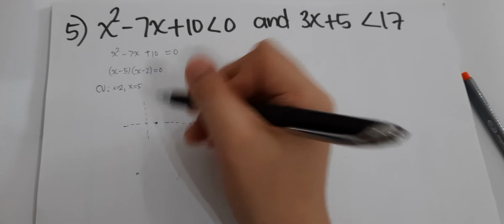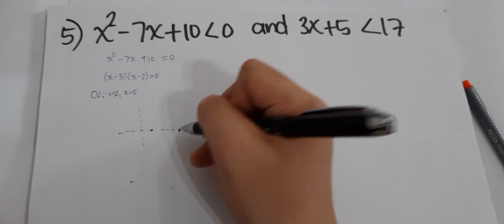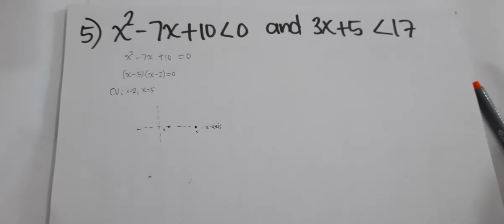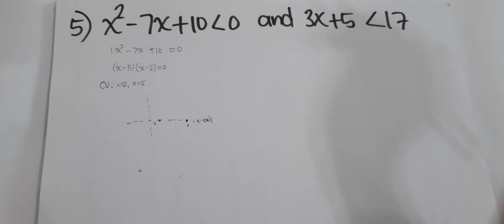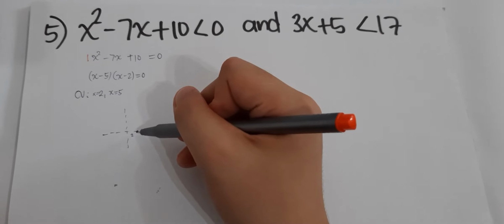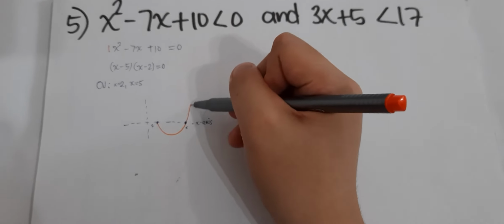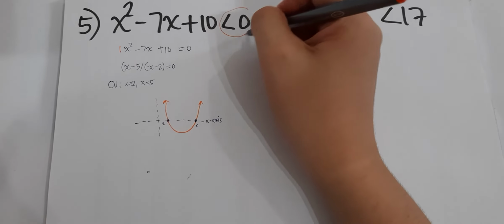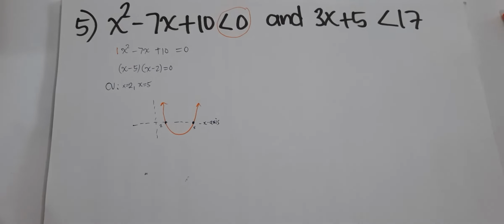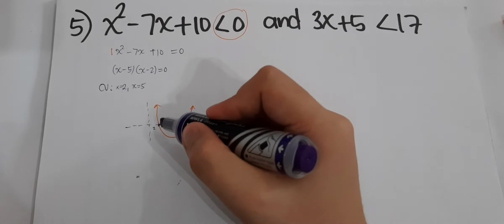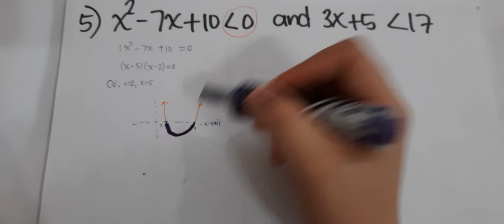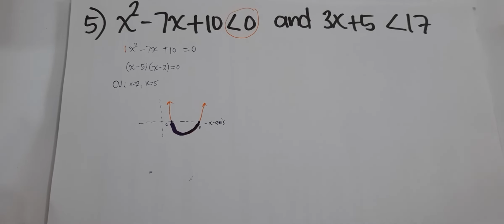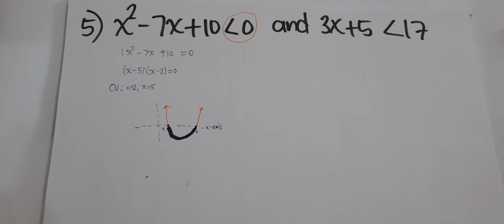If this is 2 and this is 5, opening upward because my A is positive. Now what do I need? Less than 0. Where is less than 0? Below the x-axis, this one. So my solution is from 2 to 5.